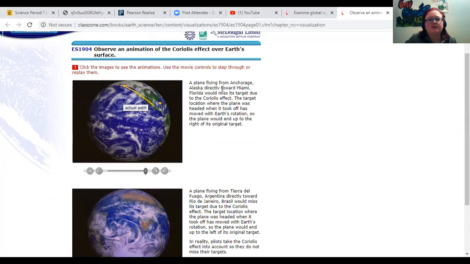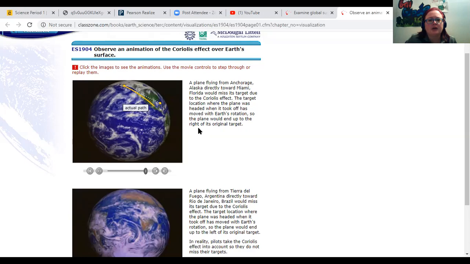So a plane flying from Anchorage, Alaska, directly towards Miami, Florida, would miss its target due to the Coriolis effect. The target location where the plane was headed when it took off has moved with the Earth's rotation.